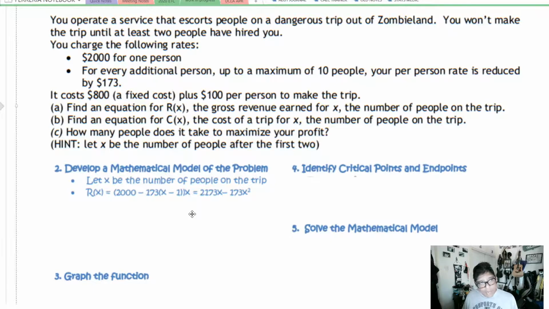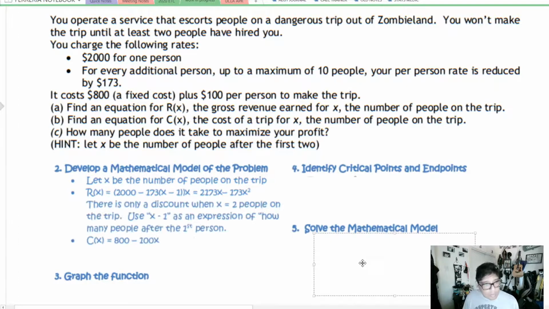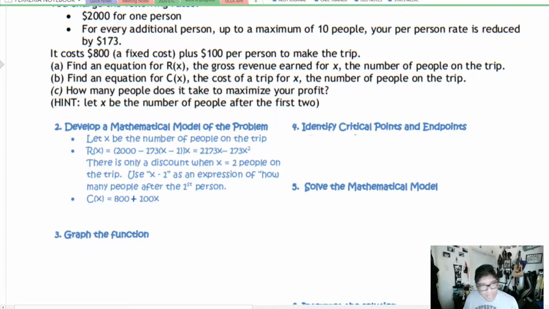That does it for part A. Part B, the cost equation. Well, the cost is going to be $800 plus $100 per person. That's a pretty easy equation, I think. So that cost is going to be 800 plus 100x.